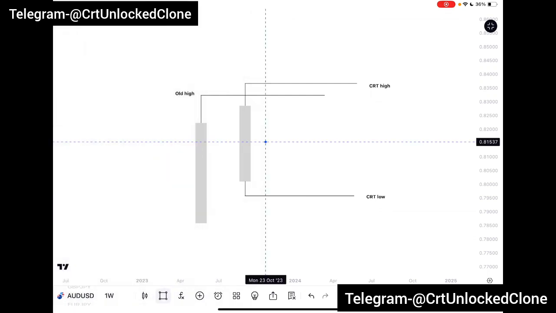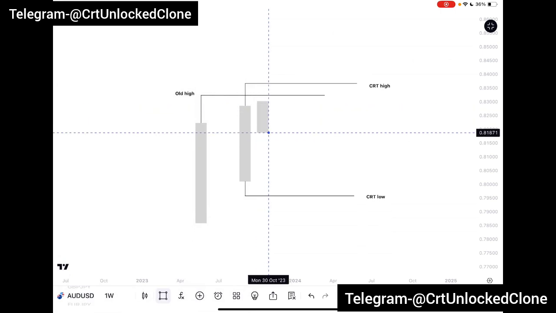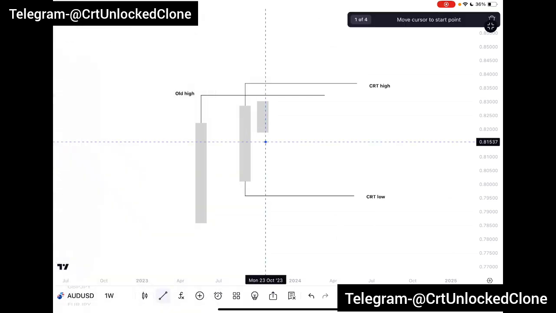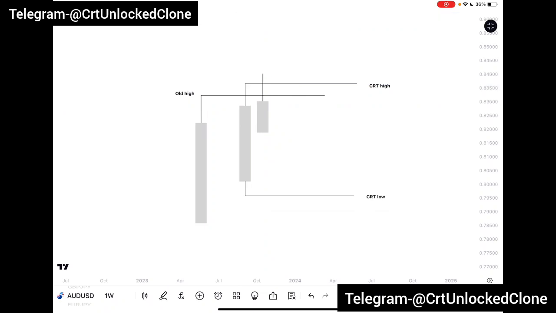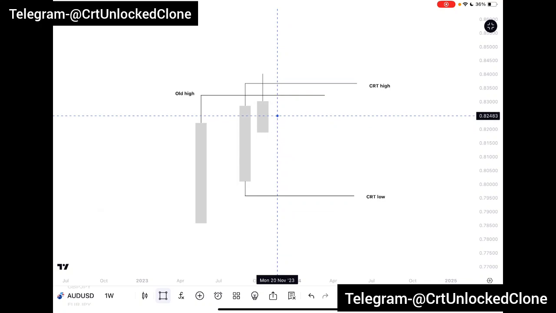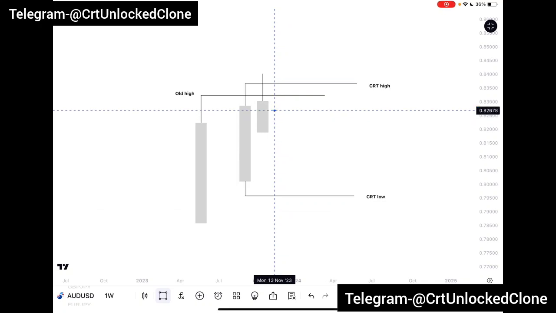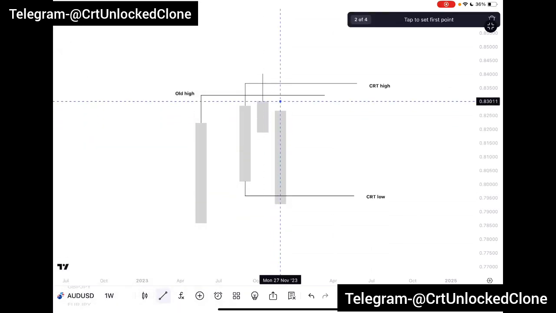The second candle is the manipulation candle. This is the manipulation candle which purged the high of the CRT candle. And now the third candle is the distribution candle. So this is the distribution candle.